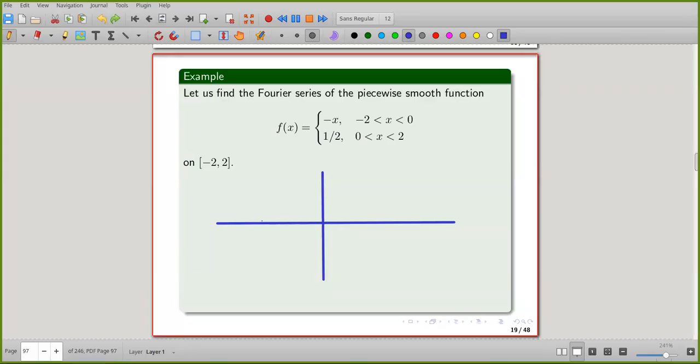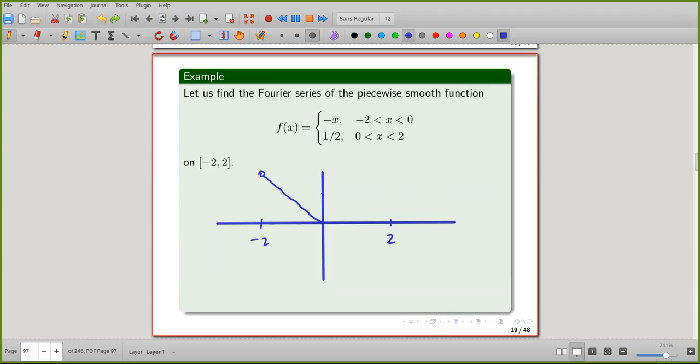So what is happening here? This is from minus 2 to 2. So there's minus 2, and let's say 2 is somewhere here. So it is minus x when x lies between minus 2 and 0, so that will be something like this, right? And it's half when x lies between 0 and 2.